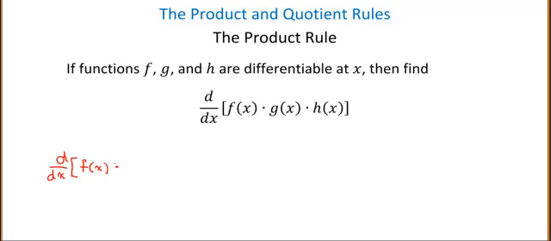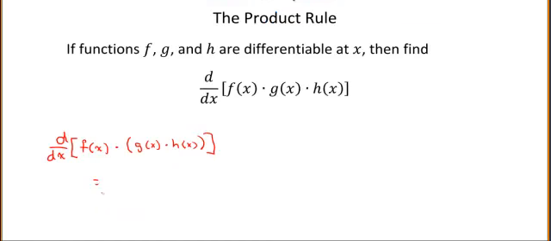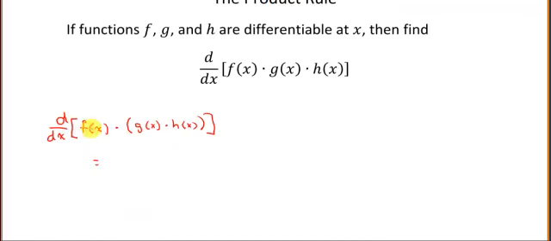Could think of it as f of x times the combined function g of x times h of x. And now, as we go to take the derivative of that, again, there's two functions here. One is f of x, the other is g of x times h of x. So we make two copies.